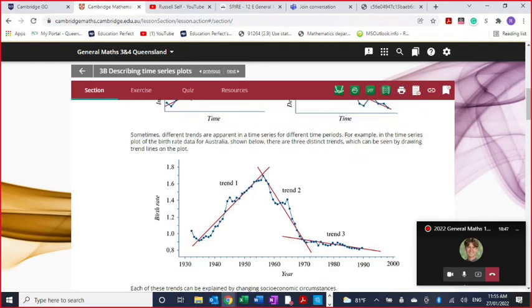Now, if you look at this particular time series graph, you're going to see that there are several trends here. As long as the time periods are significant, so if you're looking here, that's a period of 30 years, that's a significant amount of time, you can see that this data was increasing up to a certain point.